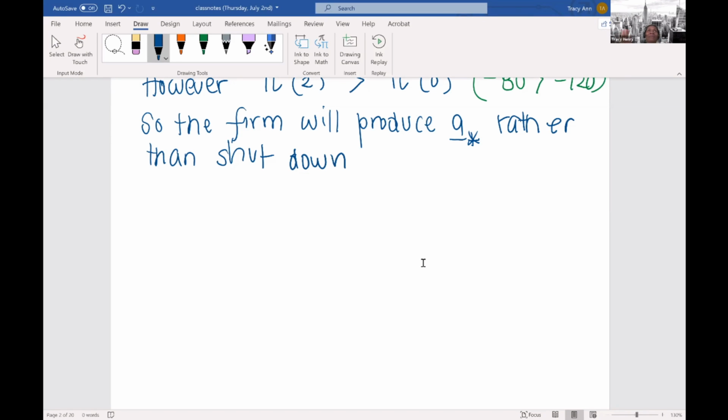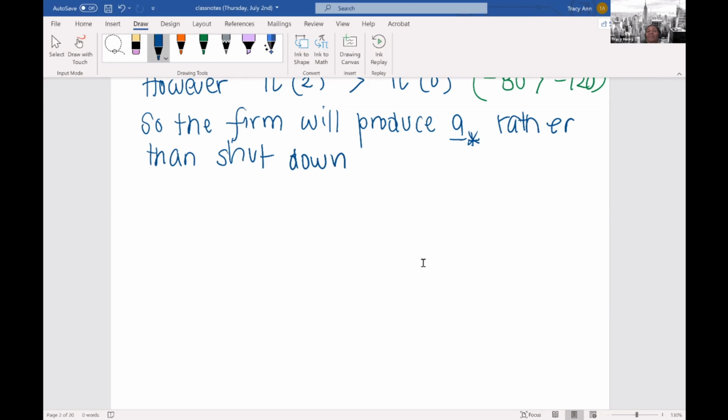Because remember, economic profit includes your implicit costs as well as your explicit costs. It's all your opportunity cost. So when your economic profit is negative, your accounting profit, or your business profit, may very well be positive. So from a firm standpoint, if you're just thinking about the firm by itself, separate from everything else, the firm itself is doing good.